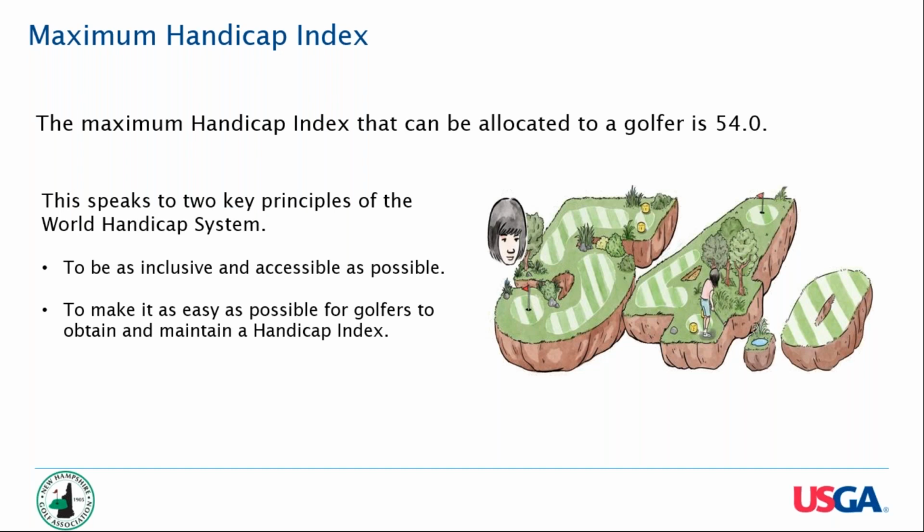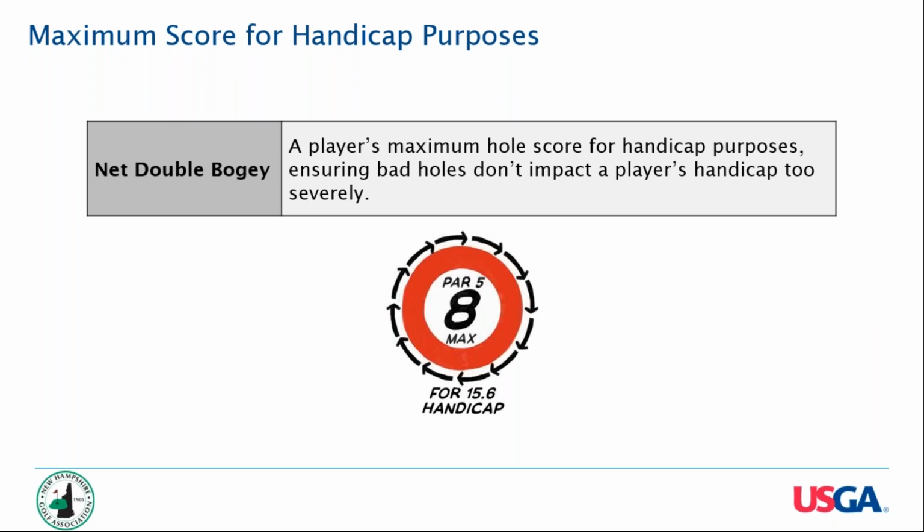It really helps higher handicappers better track their progress, stay motivated, have more fun, and keep playing the game, which is what we're all looking for: get more people playing and continue to play.